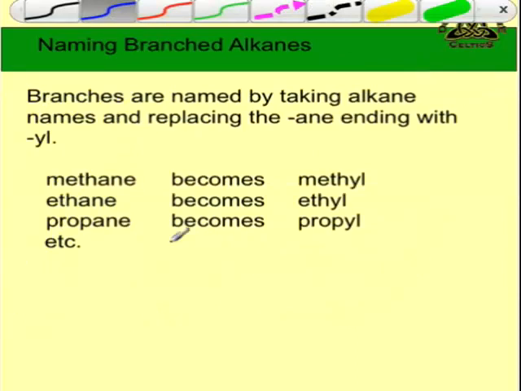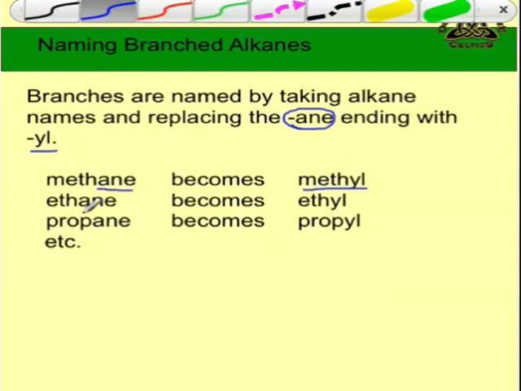Branches are named by taking the alkane names that you should already know and replacing the A and E ending with a YL ending. So for example, a single carbon alkane is methane. When it becomes a single carbon branch, we call it methyl.